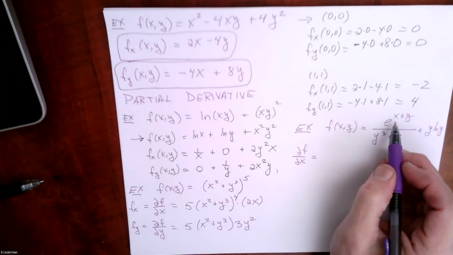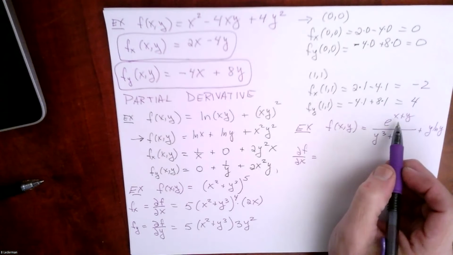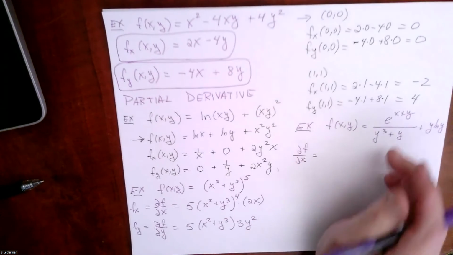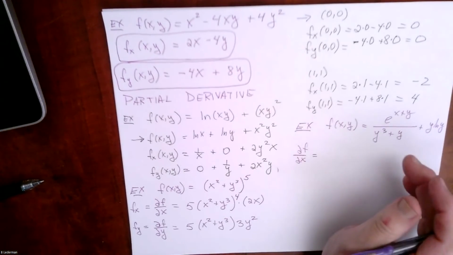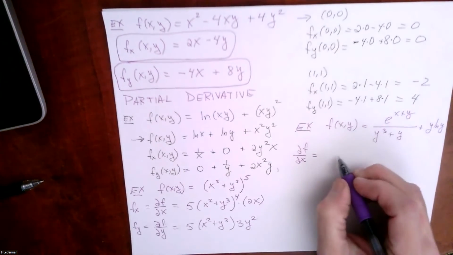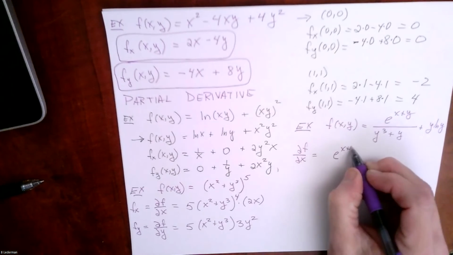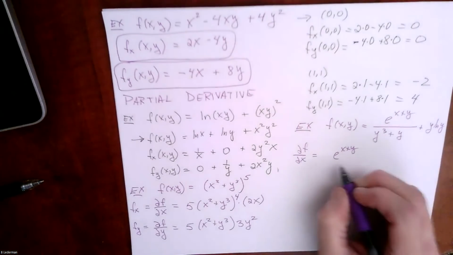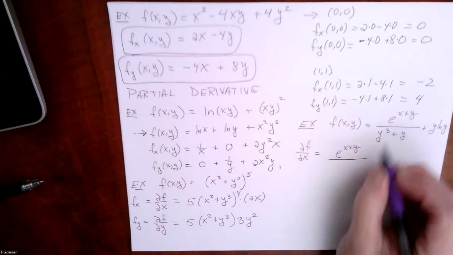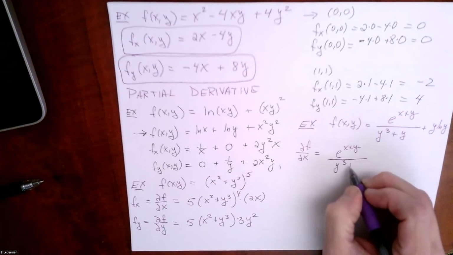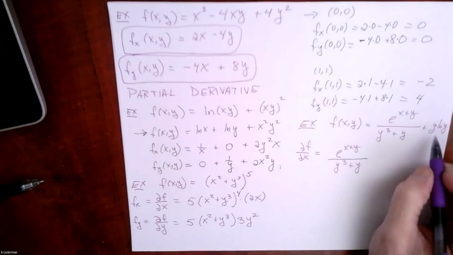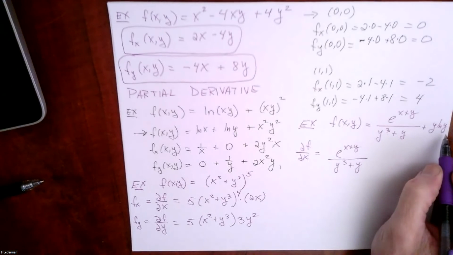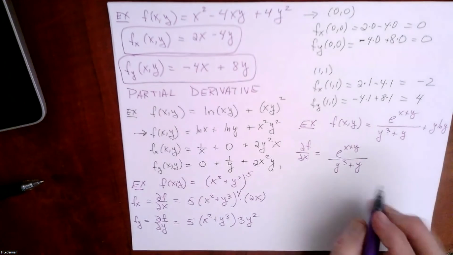The derivative of e to the x plus y is e to the x plus y times the inner derivative, which is just 1. So the derivative of this is going to be e to the x plus y, technically times 1, but who cares, over this constant y cubed plus y. And this part, y ln y, just disappears.